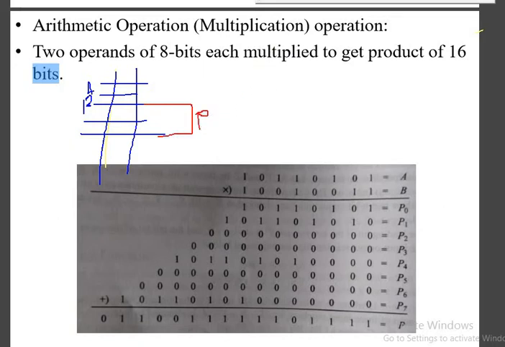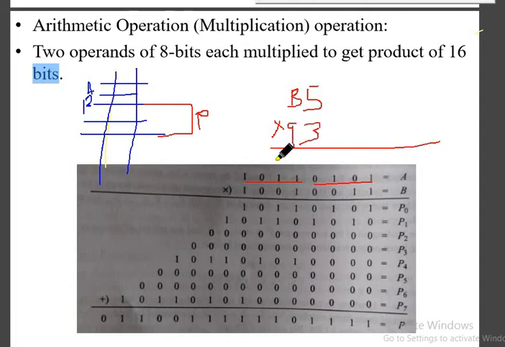So what is A? If you merge 4 bits, 8 plus 2 is 10, 10 plus 1 is 11, and 11 means B, so A is B5. B5 is multiplied with 93.